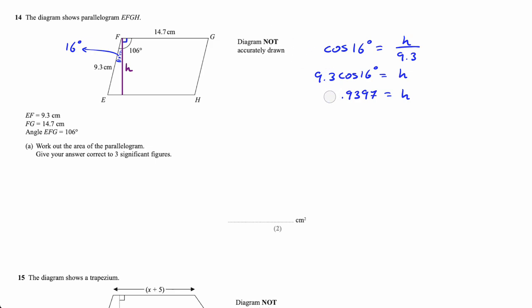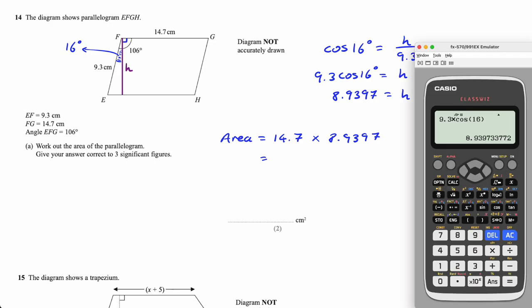The area of the parallelogram is therefore base 14.7 times height 8.9397.